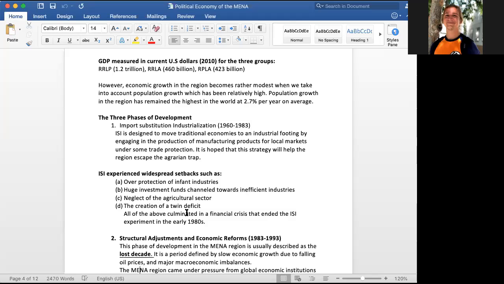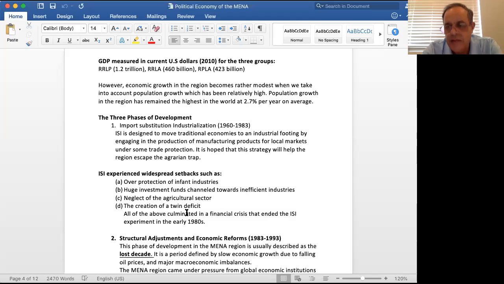Professor, I have a question. Yes. A few of these deficiencies that I'm seeing relate back to what I've learned about a command economy. Was this a command economy, with government planning and economic development during this period? Yes, you can say that, absolutely, because first of all, in the MENA region, the only one able to invest in these huge projects is the government, because the governments are the ones that have the funds.